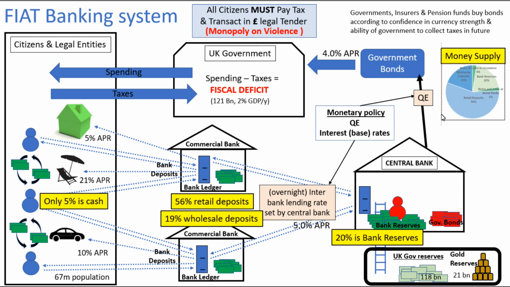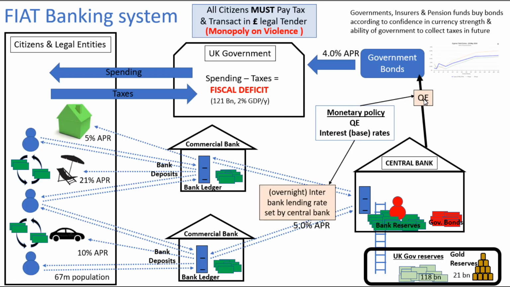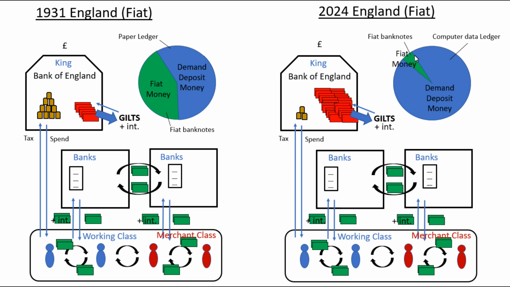So my main takeaways from looking at the fiat banking system are, I can see how, as technology and the exploitation of fossil fuels progressed throughout history, the economy got larger and larger, and the banking adapted to cope with that. So we arrive at the current fiat banking system, where only actually 5% of money supply is people transacting in banknotes.